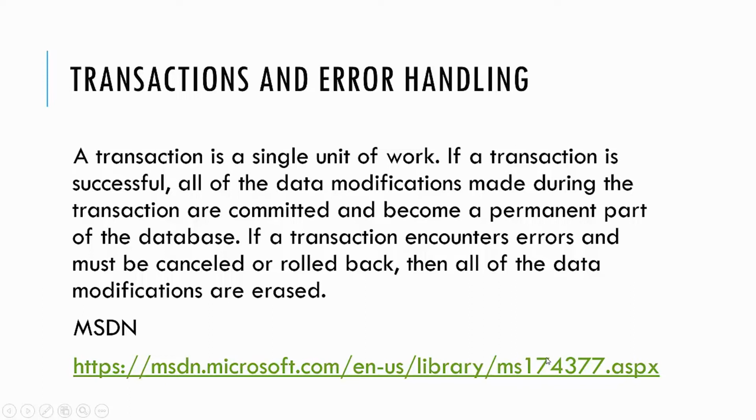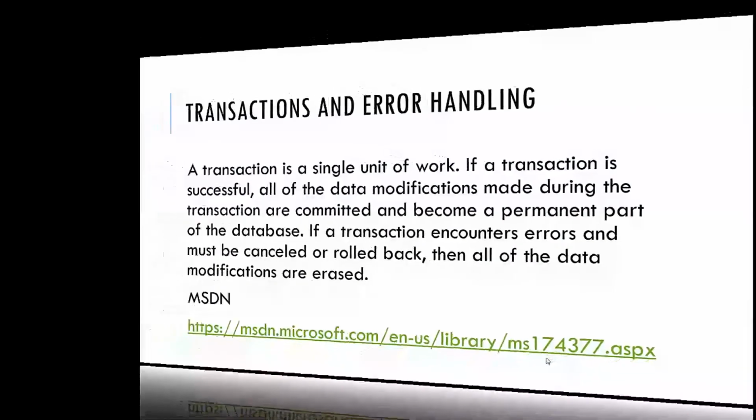In the sense, if you're doing some mathematical operations, you store the data only when all the operations actually completed. If there was some error like division by 0 or something, you don't really store the partial result, but your code should be intelligent enough to roll back the transaction and say that something like this never happened, right? So only then you will be able to trust the database. Whatever data is in your database should be trustworthy, and transactions help us do that.